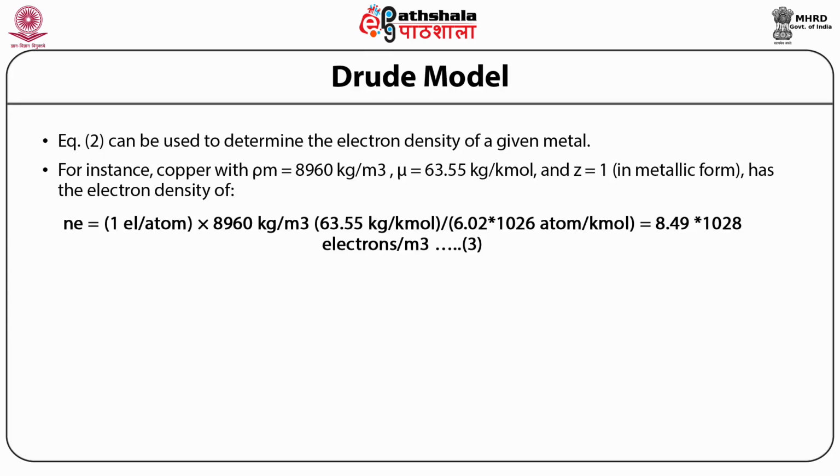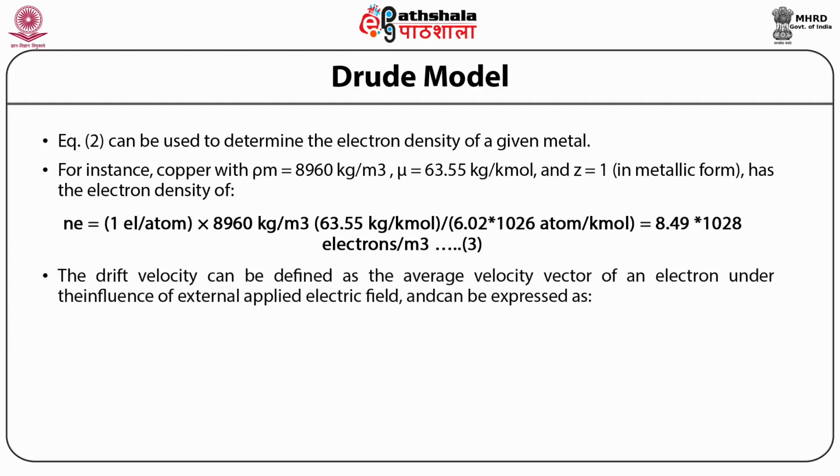This is multiplied by 6.02 times 10 raised to power 26 atoms per kilomole. This is equal to 8.49 times 10 raised to power 28 electrons per meter cube. This is represented as equation 3.